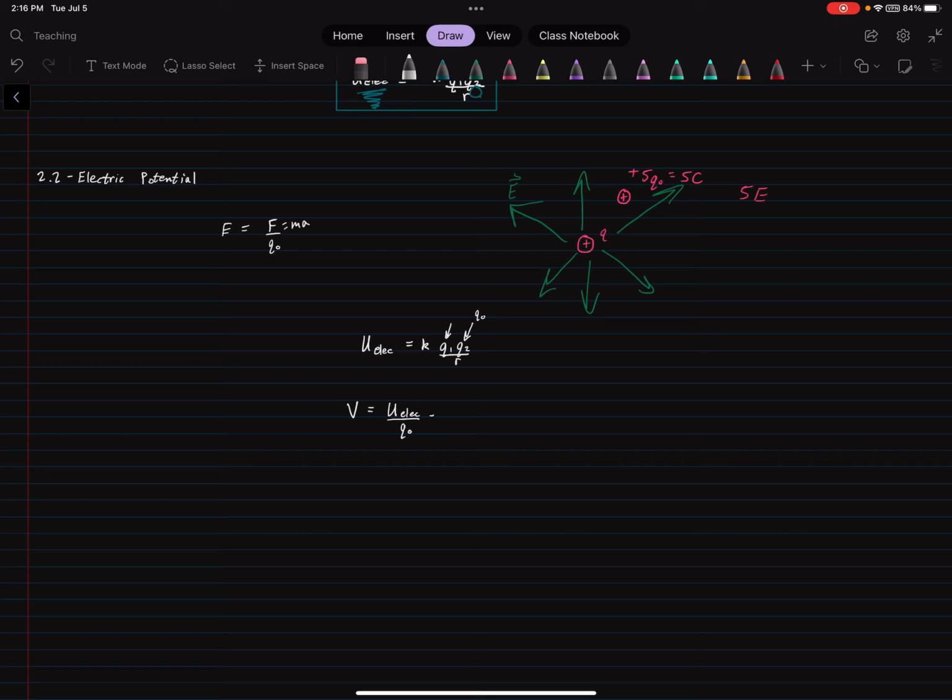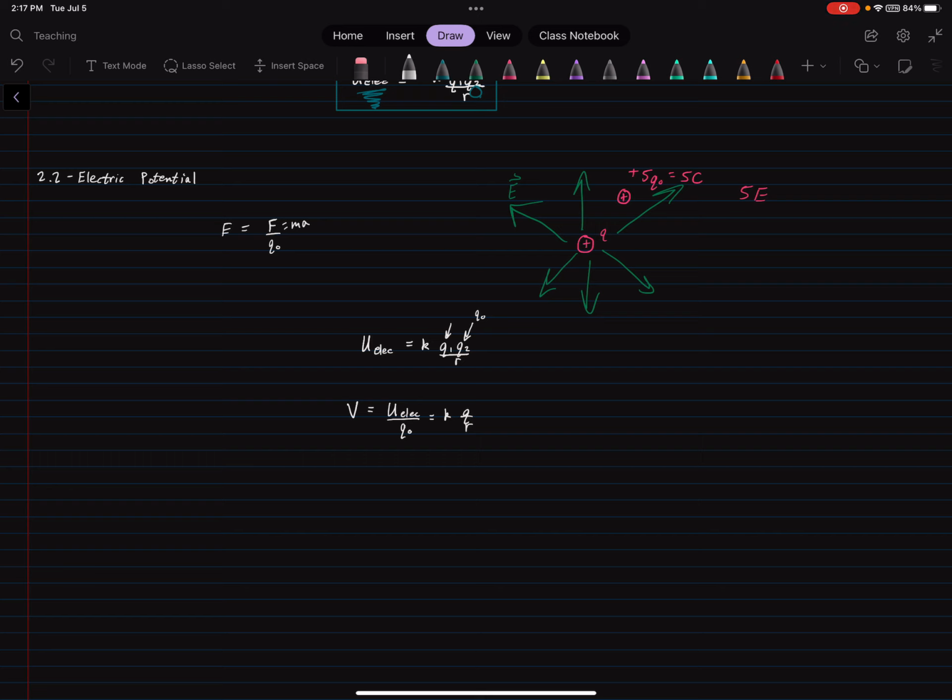And so what that leaves us with is K times the charge that's causing the field divided by R. So we've just divided a charge out of it, and we've left ourselves with the charge that we cared about. Both could still exist if there were actually two charges. You could describe the potential respective of one or the other.